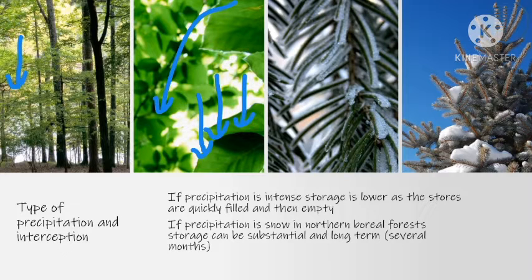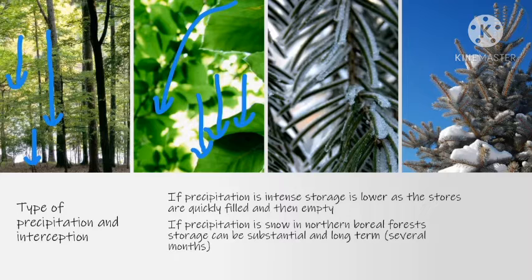So if it's only a light rain shower, interception can be close to 60 or 70% of that rain shower. But if the precipitation intensity and duration is long and intense, then we will get less interception because it will then follow the pathway of leaf drip or even stem flow and will reach the ground surface.